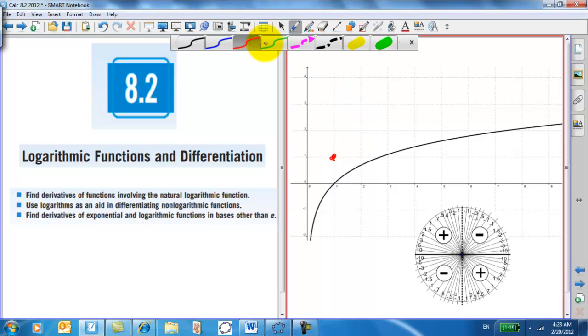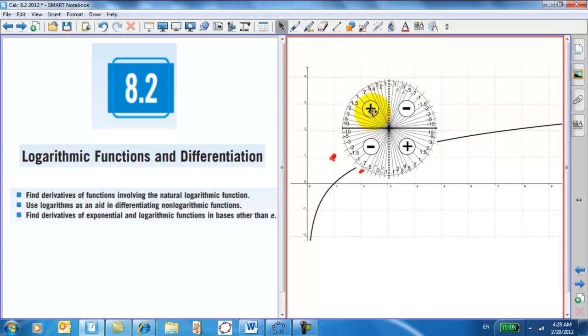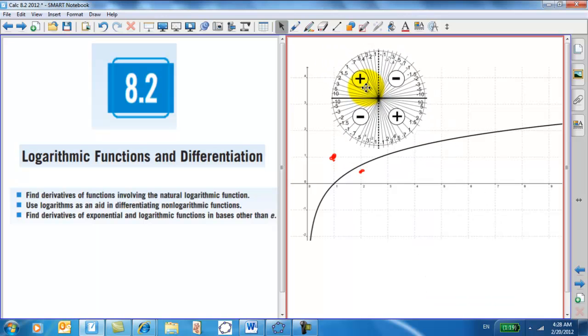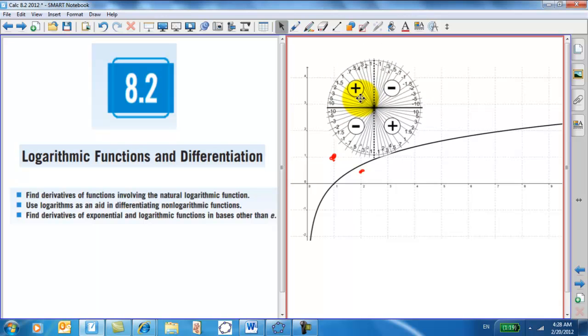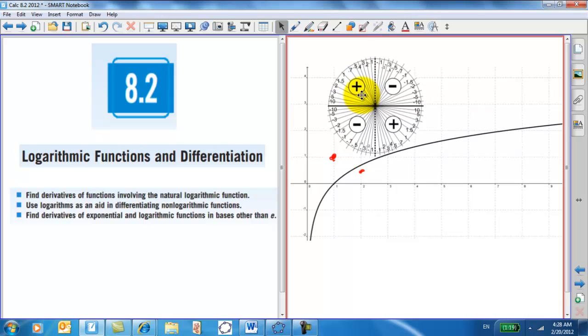And we're getting what we expected: since this is concave down, we're going to get decreasing slopes, and since it's increasing, they're all going to be positive slopes. And at 3, it looks like somewhere between 0.3 and 0.4. Let's say about 0.3.